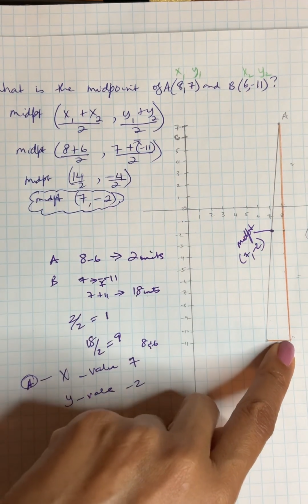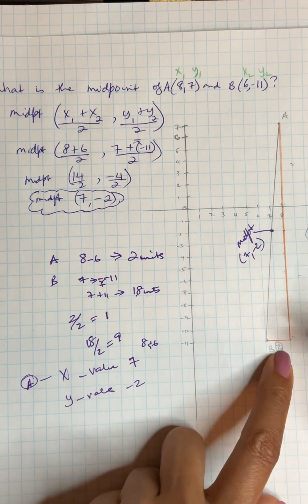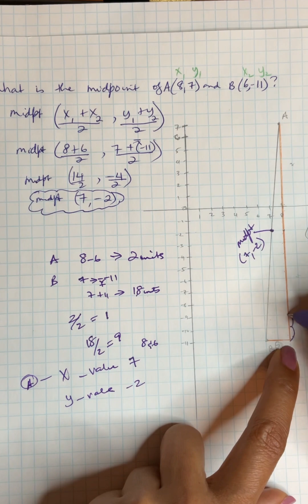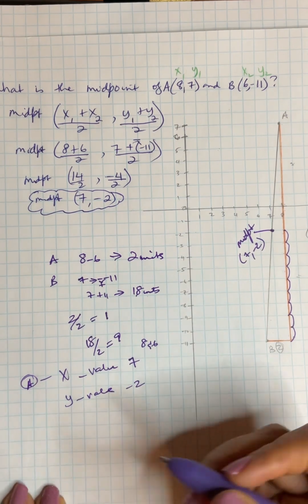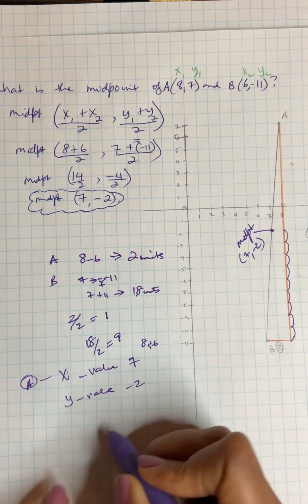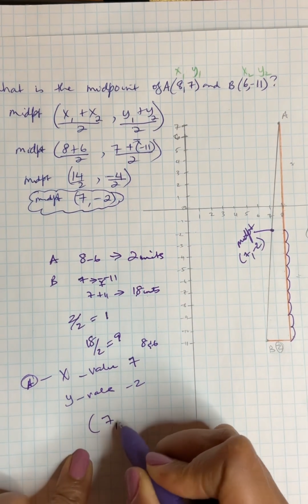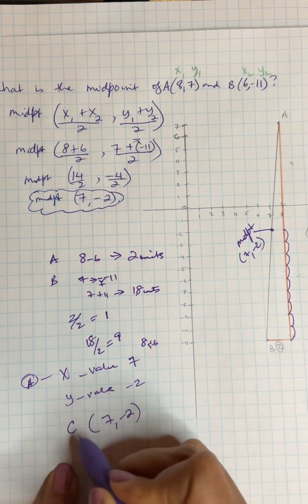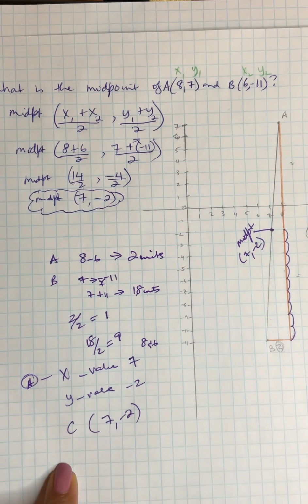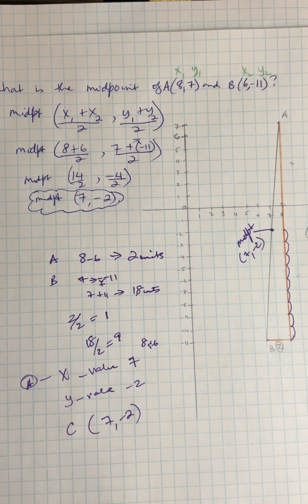Or you can start from the -11 and go 9 units up, 1, 2, 3, 4, 5, 6, 7, 8, 9, which will take you to -2 also. And so you know that your coordinates right there would be 7, -2. And you can label that as your C, which would be in between.